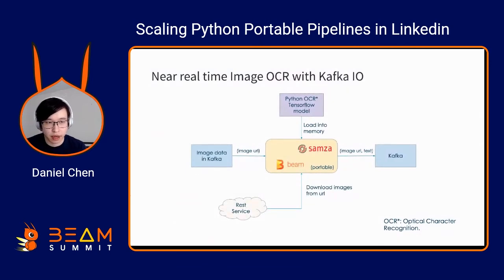The first one has been in production for a while. We have image data in Kafka, which is an image URL, and this portable job is reading from the REST service and using a TensorFlow model for OCR.